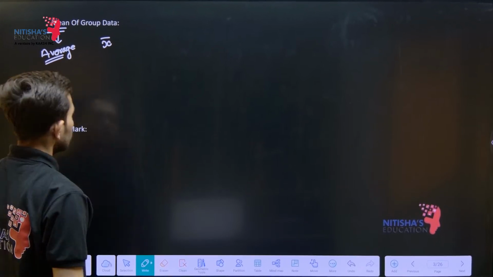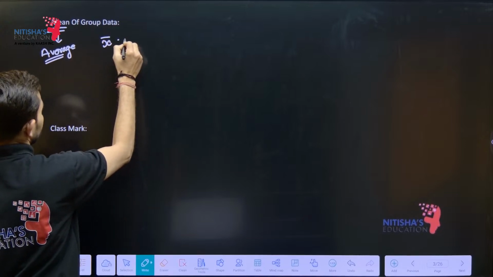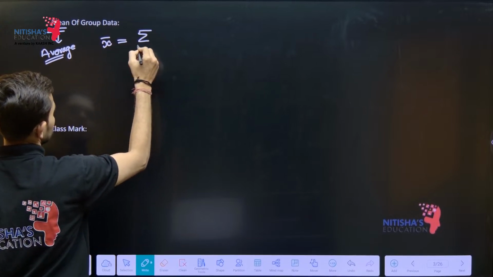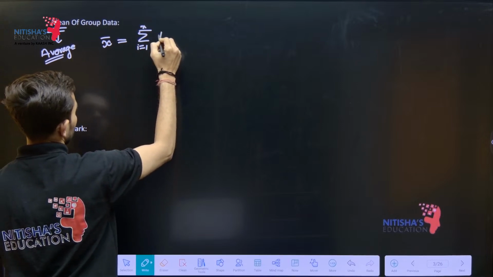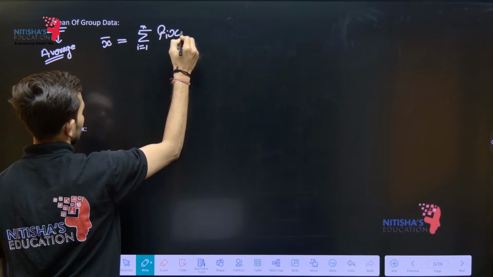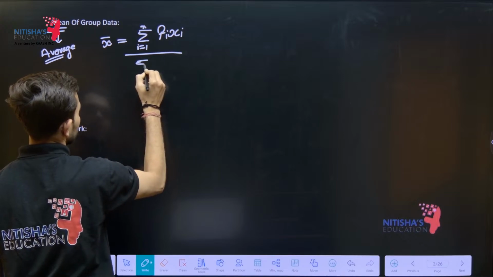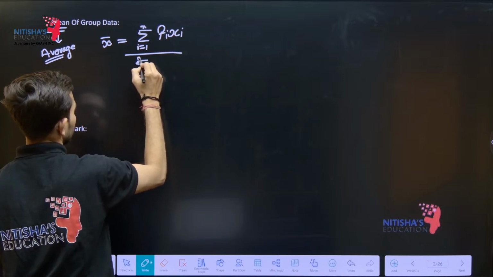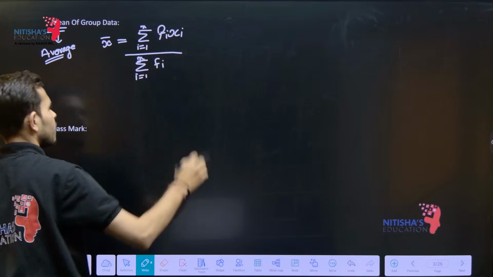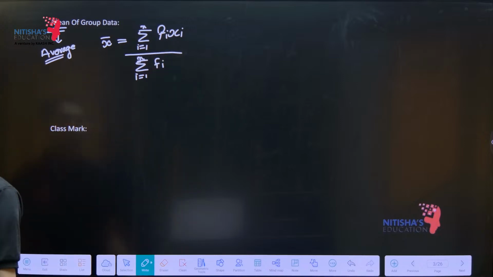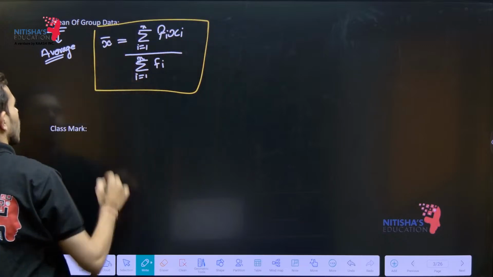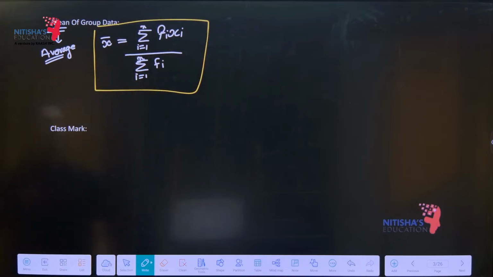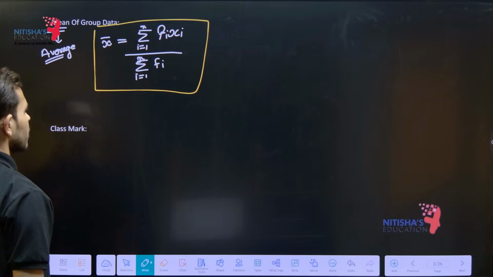So x bar is given by the summation from i equal to 1 to n of fi xi divided by the summation from i equal to 1 to n of fi. So this equation is helpful to us for finding mean, right?